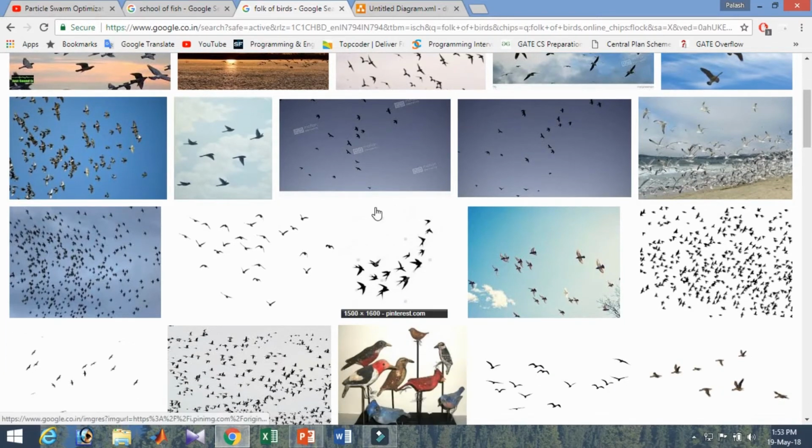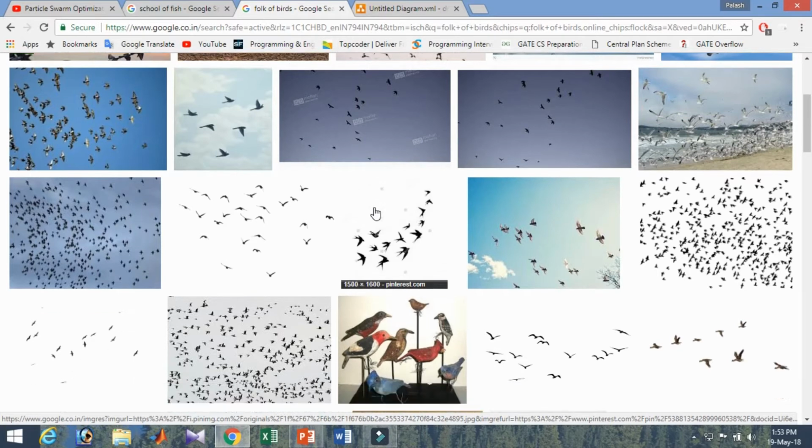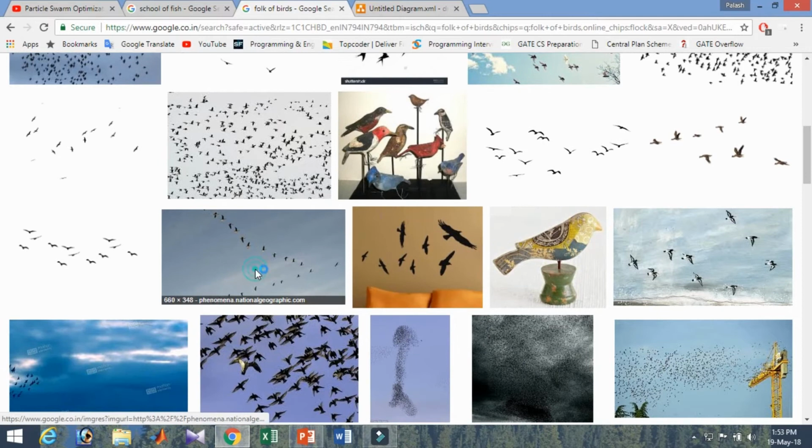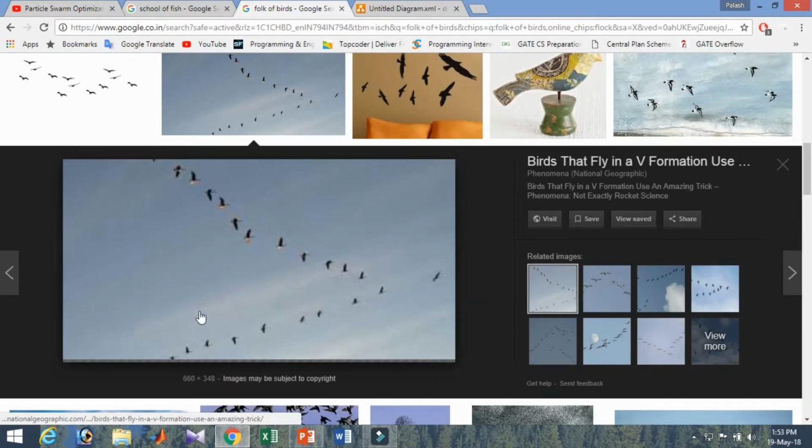How they fly, what the velocity is, what the directions are, what the positions are, what the movement is, all of it logically depends on something.